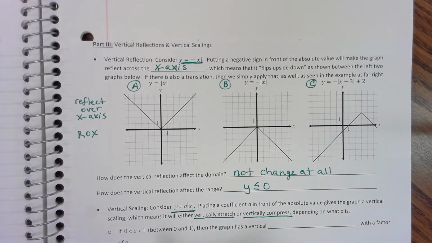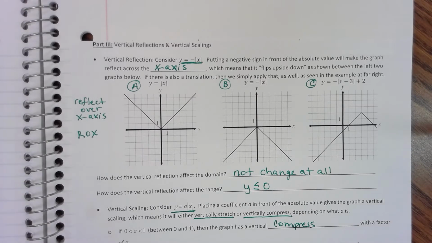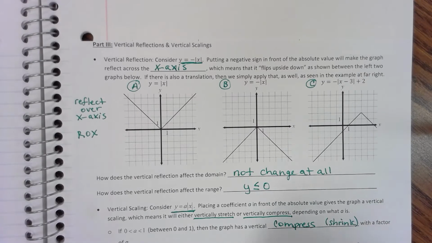So if A is between 0 and 1, okay, so it's like a fraction form, then the graph is going to compress with a factor of A. So we're going to shrink it. If A is bigger, we're going to stretch.